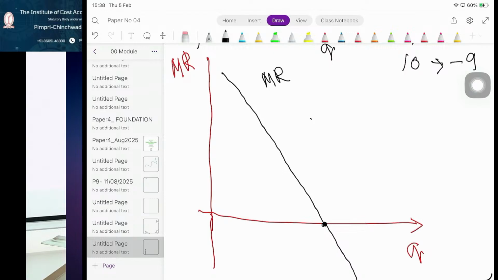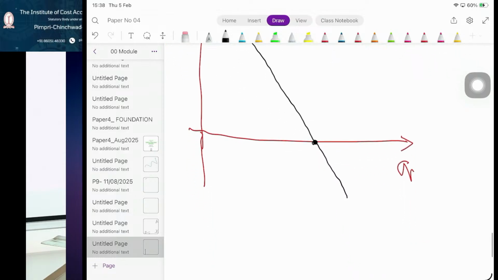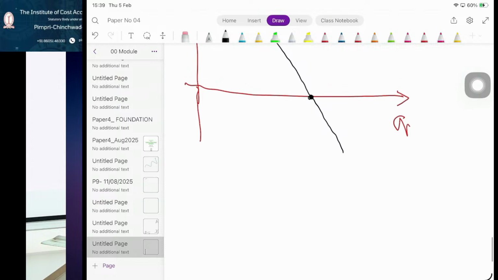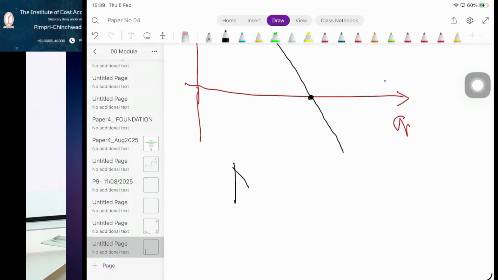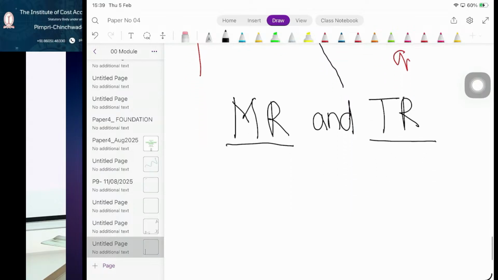We want to understand a very important result, and there is a very close relationship between marginal revenue and total revenue. Let's recall marginal revenue.